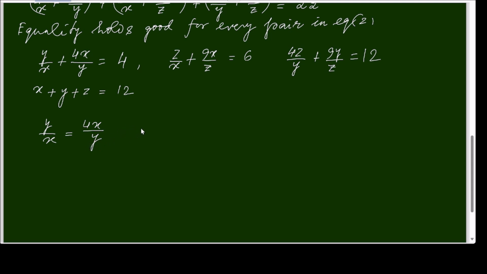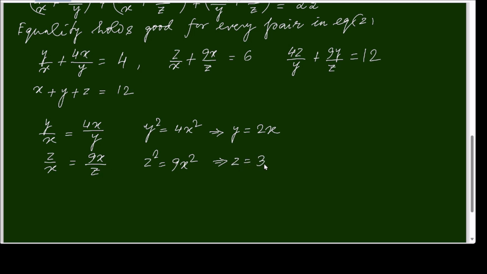So y square equals 4x square, or y equals 2 times x. Similarly, from the second equation, z over x equals 9x over z, or z square equals 9x square. That means z equals 3 times x.